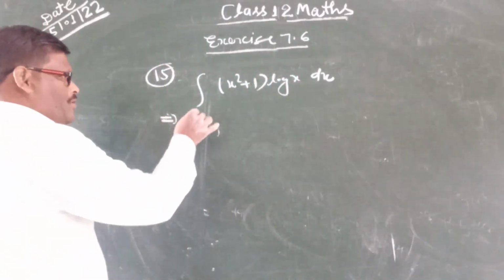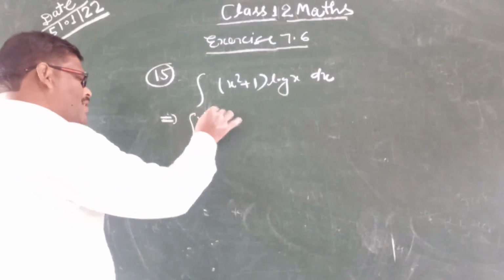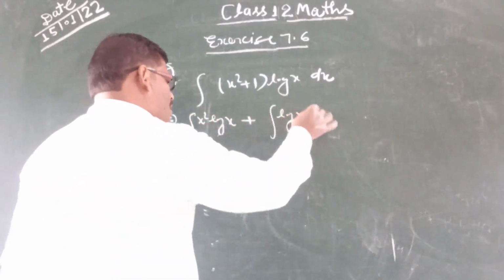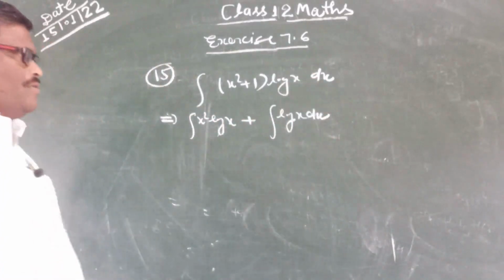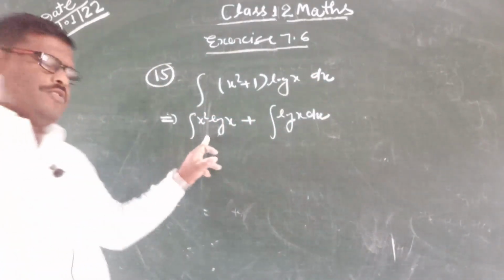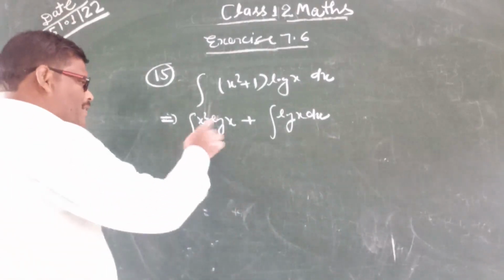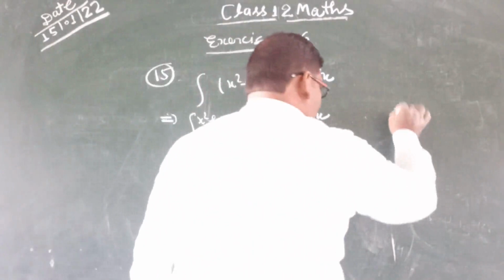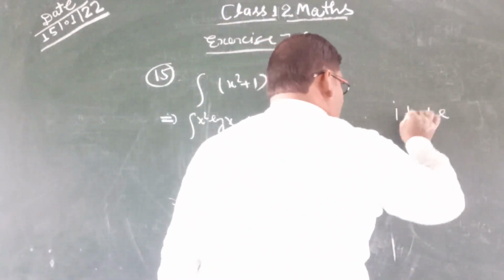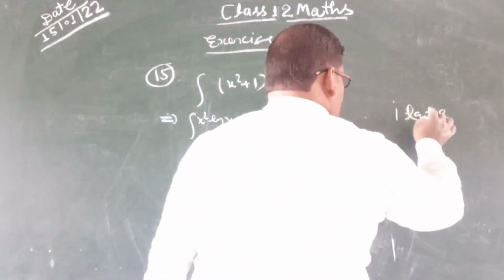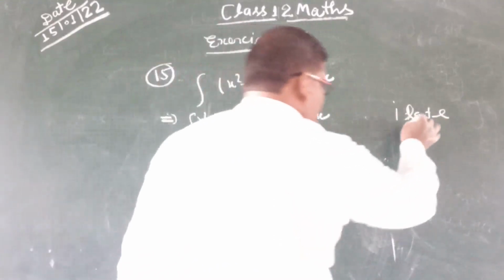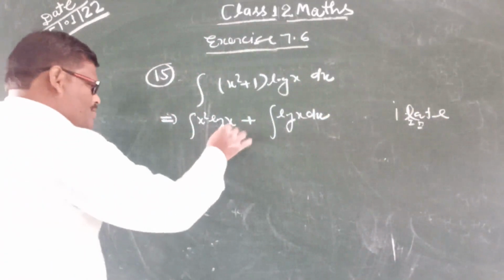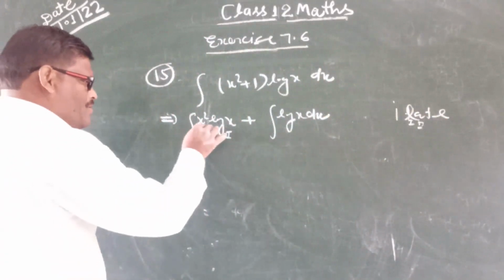You can write it as integration of x square log x dx plus integration of log x dx. Use integration by parts with an algebraic function and a logarithm function. According to the rule, logarithm first, algebraic second. Therefore, log x is the first function and the algebraic function is the second function.